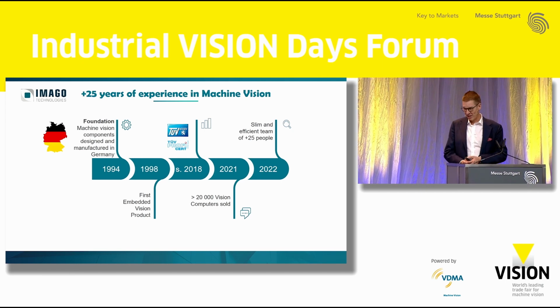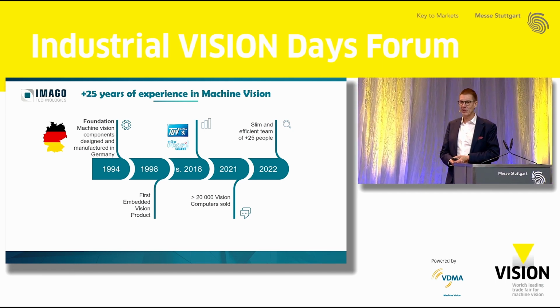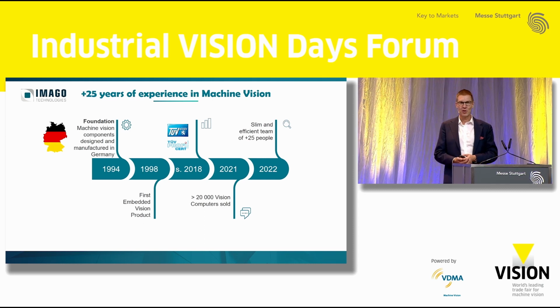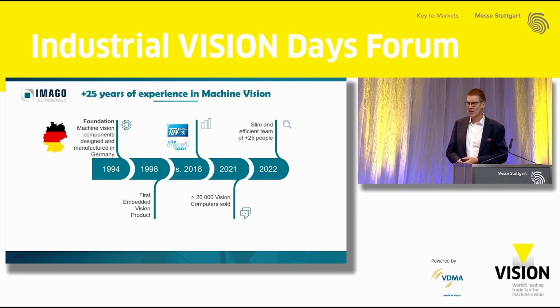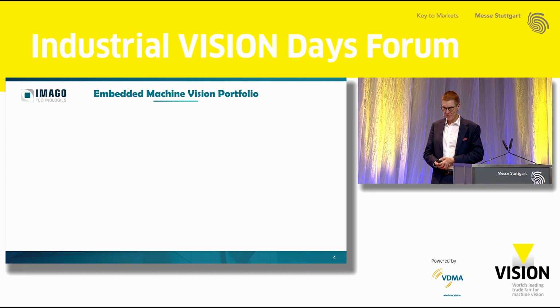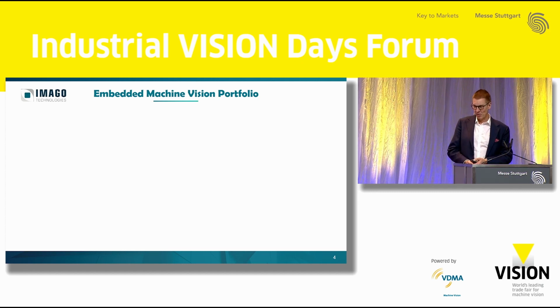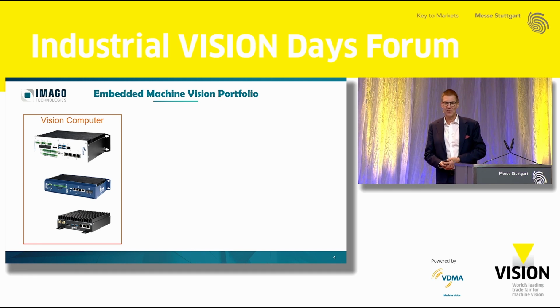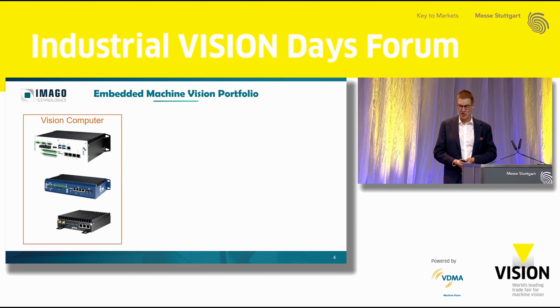Today we are a team of 25 people. So even though we produce serious products, we are flexible and innovative, still a compact team. Regarding our portfolio, very popular is our vision computer called VisionBox.